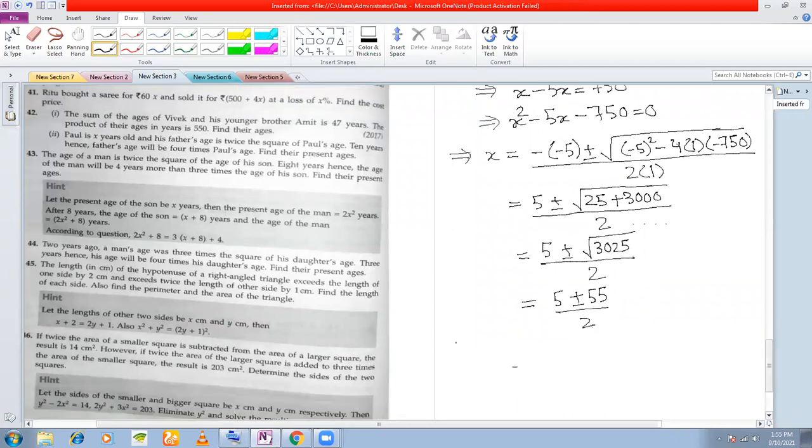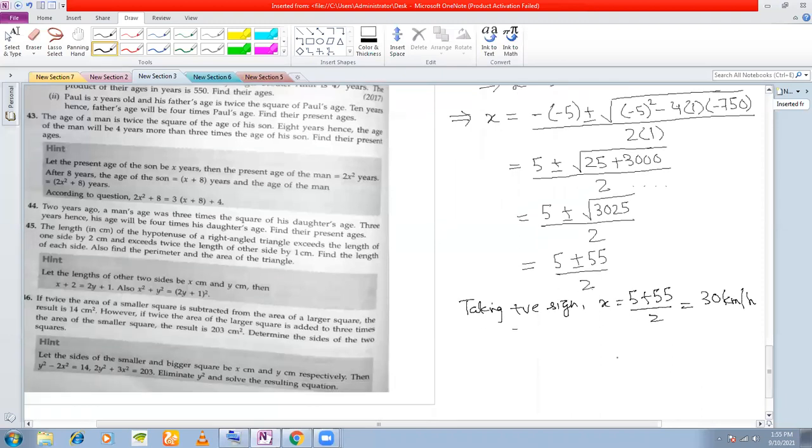Now taking the positive sign, you will get one value, and taking the negative sign, you will get the other value. You get 60 by 2, which is 30 kilometer per hour.